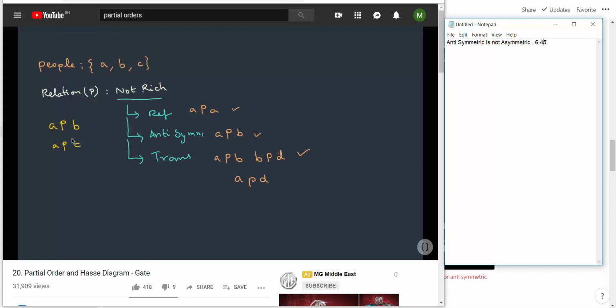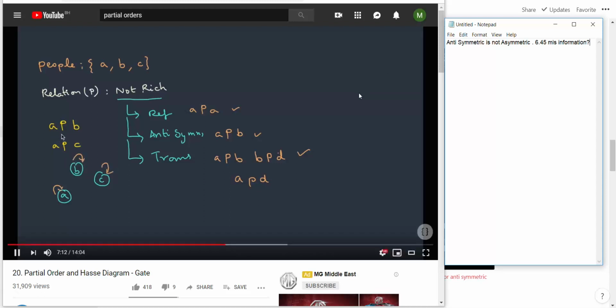We can draw a graph for this partial order with these elements as the nodes. So we have A, then B and C. Because it follows the reflexive property, each will have a self loop.